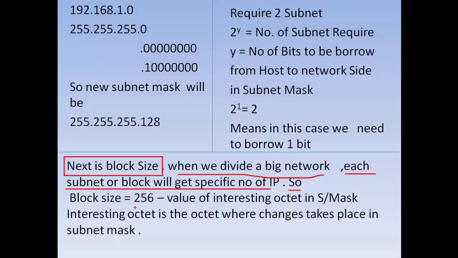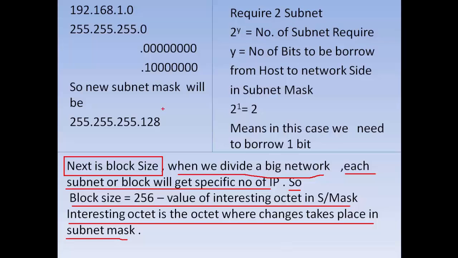There are two methods to do that. I'm going to explain the first one. The block size will be 256 minus the value of the interesting octet in a subnet mask. What is this interesting octet? It is where the change takes place in a subnet mask. The change takes place in the 4th octet.